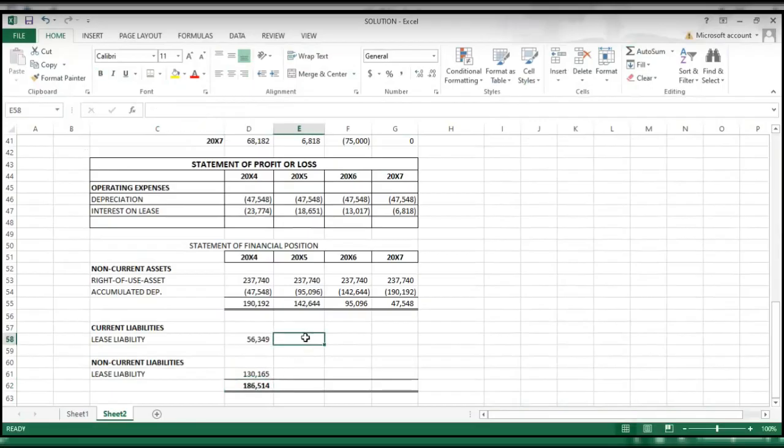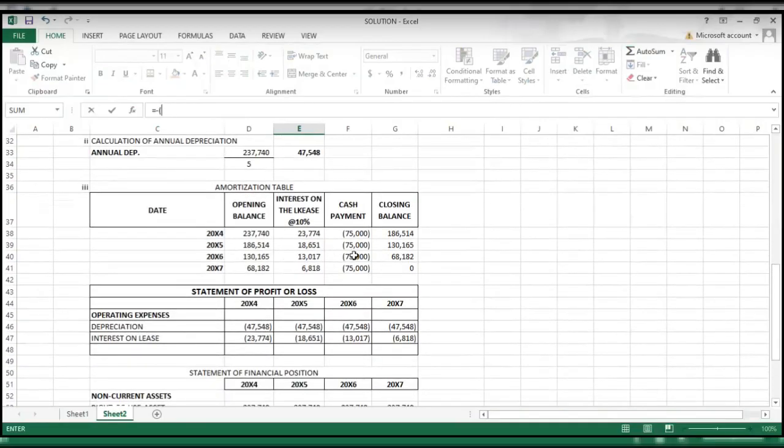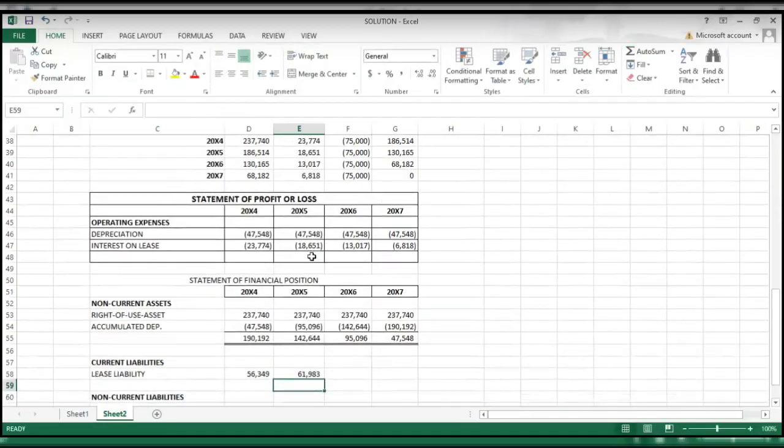Also for 20X5, the amount payable in 1 year's time is 75,000, minus the interest element of it. That's where we arrive at the current liability at the end of 20X5.